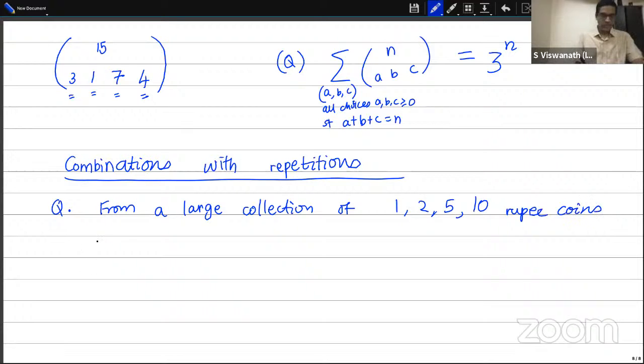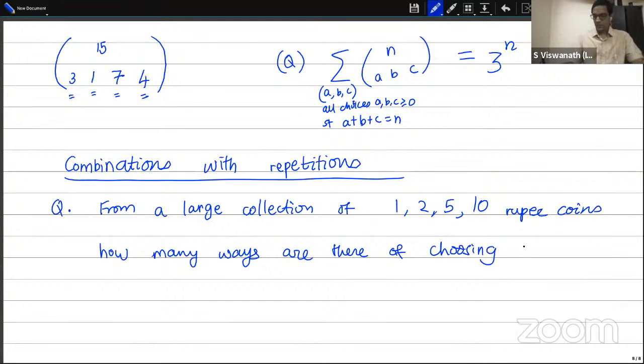How many ways are there of choosing r coins? You can give some particular number for r, so let's say 3 coins. I want to choose 3 coins with these denominations 1, 2, 5, and 10.